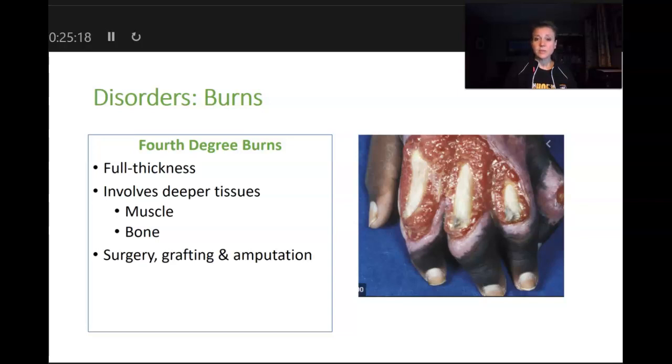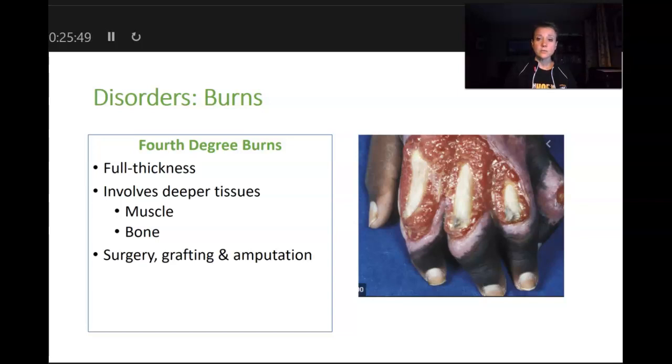What you see in this picture is a burn that a person received to the posterior aspect of their hands and fingers, and you can see that tendons have been affected, and there is some exposure of bone here as well. Again, this is called a 4th degree burn because other tissues of the body besides the skin and subcutaneous layer have been affected.